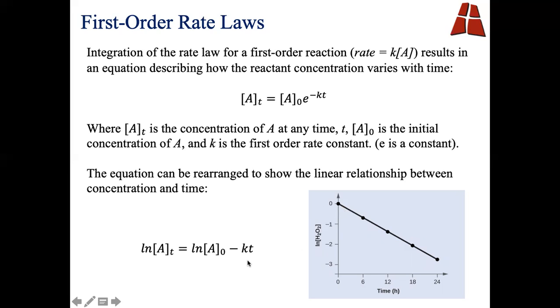Our slope will be negative K, and the variable x is time. Of course, here it says y equals b minus mx, but you get the idea, okay? So that's what a first order integrated rate law would look like.